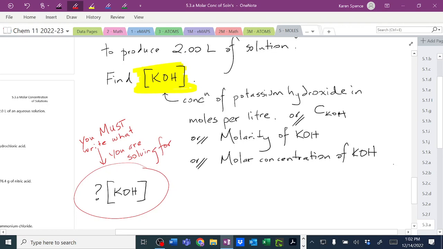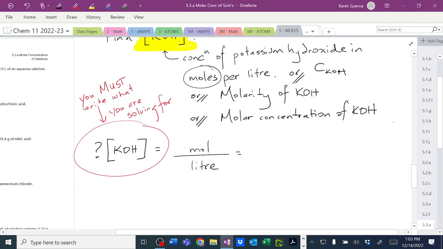I mean, you could write the C with the KOH as well, okay? But you have to write something. Oh yeah, no, it just means how much KOH. So we have how much KOH. What units go on the top? Well, we want to have moles per liter, so I'm just going to put that in here for now.